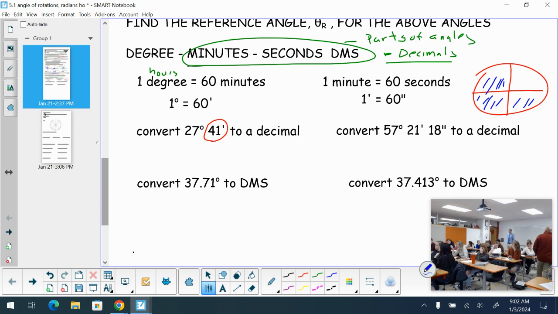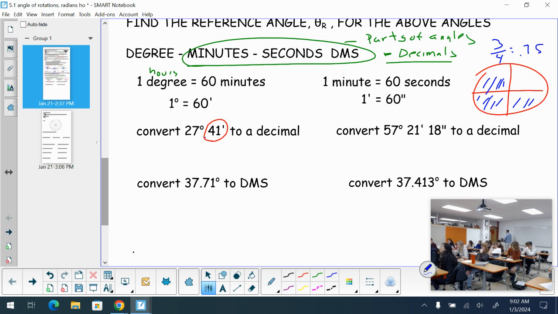Amy? 3/4 as a decimal would be what? How did you get 0.75? 3 divided by 4. The portion that we ate over the entire pizza. So we had 3 out of 4, which is 0.75.